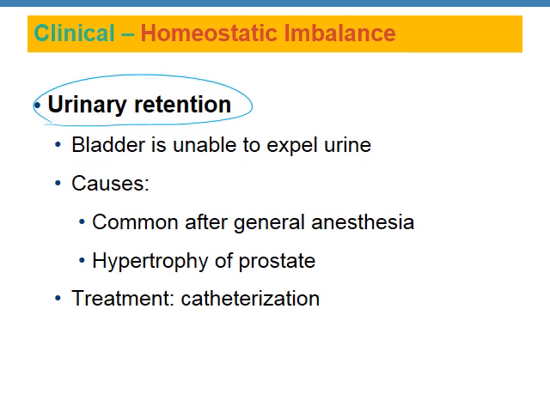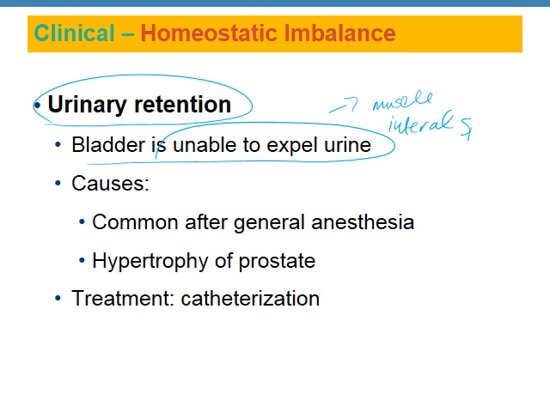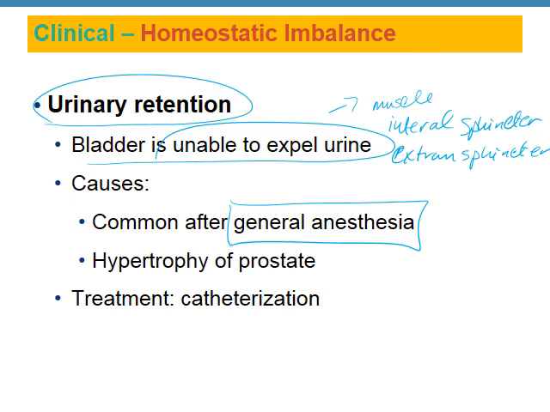Sometimes you can have urinary retention where the bladder is unable to expel the urine. So basically you're not triggering that detrusor muscle, you're not triggering your internal sphincter, or you're having some sort of nerve problem with your external sphincter, and basically the urine is trapped in your bladder. So I kind of mentioned general anesthesia.